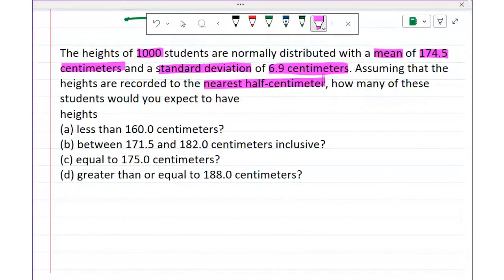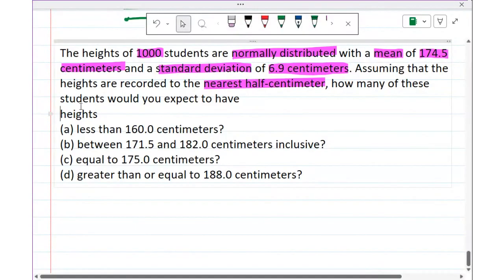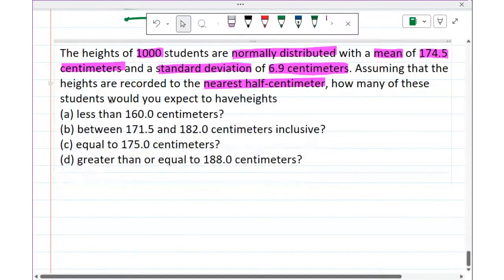In between they are not recording the values. It means these are discrete values, but they say they are normally distributed, so they are trying to approximate the discrete values with a continuous distribution.